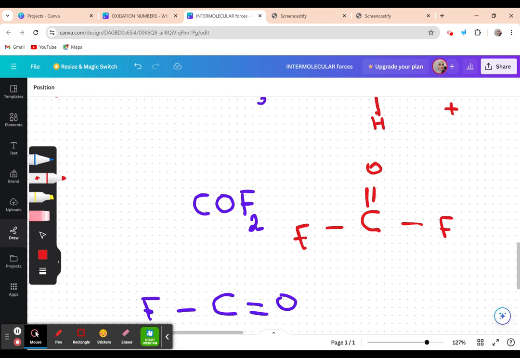Oxygen has a negative side and fluorine has a negative side, but fluorine is more negative because it's more electronegative, so it has different charges. F and O are different from each other, so it's like positive and negative. It's dipole dipole, and it doesn't have a hydrogen bond.